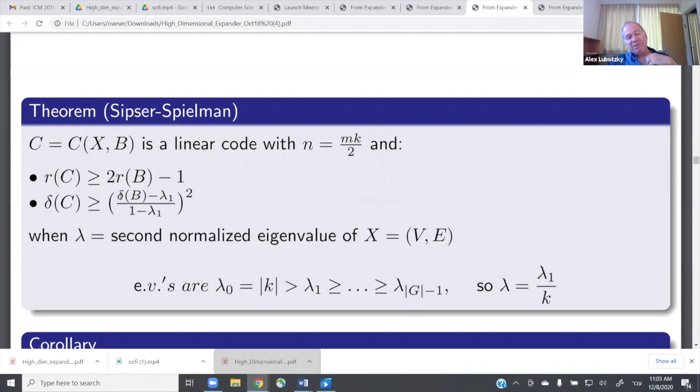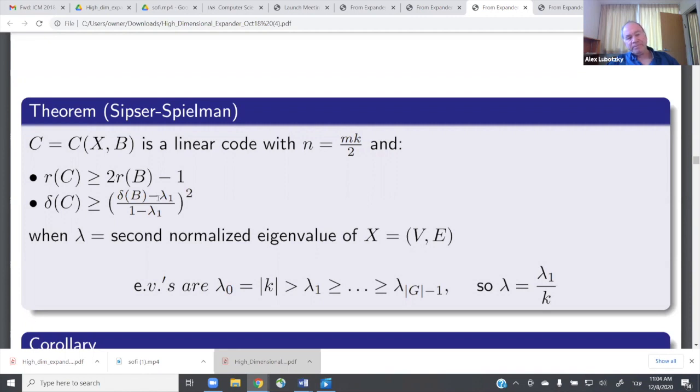The number is interesting because you see I connect here delta of B, the normalized distance of the little code B, which is a number between 0 and 1, minus lambda 1 over K, which is also a number between 0 and 1. If this is bigger than this one, it should be bigger. I'm sorry, even though I take the square, it should be really bigger. Otherwise, it's not true.